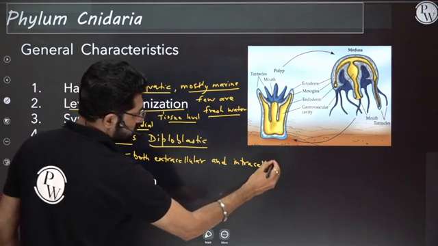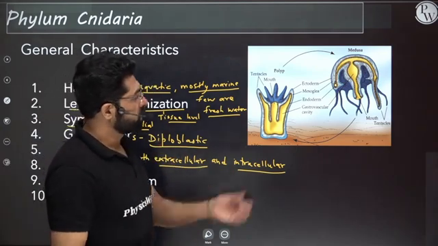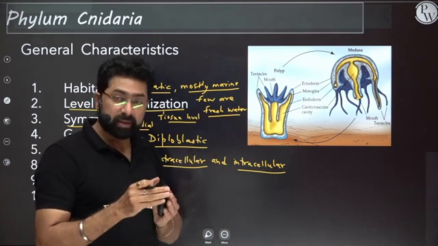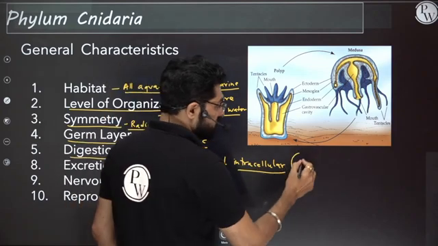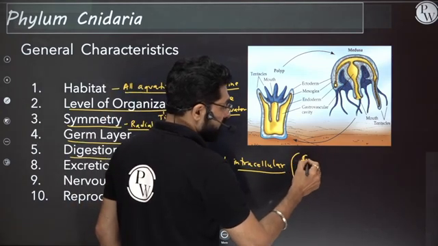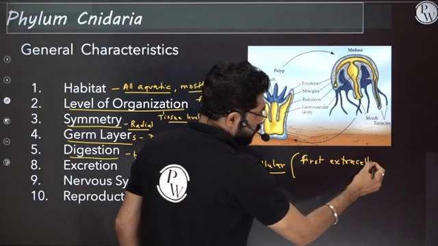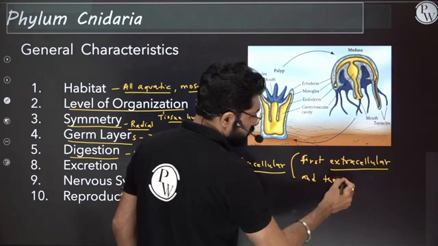So what do you mean by this? First the food will come into the cavity, that is the coelenteron, and then the further digestion will take place in the cells. So first extracellular digestion, and then intracellular digestion.